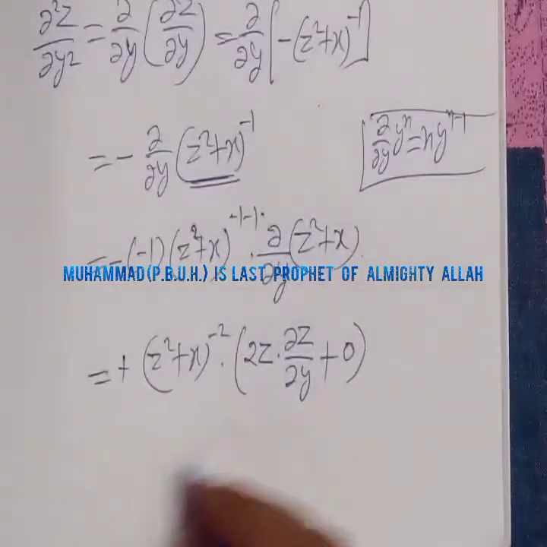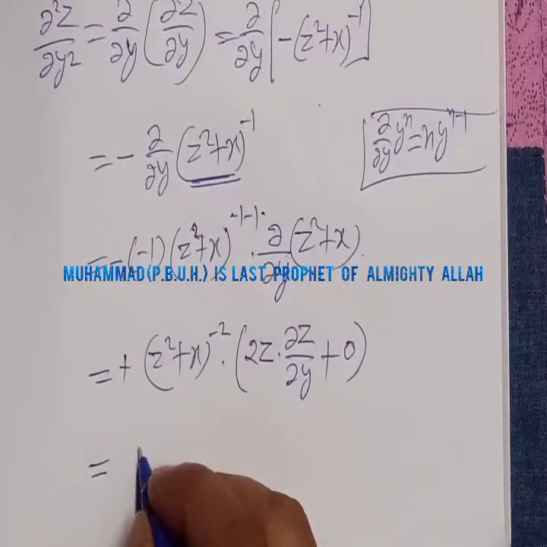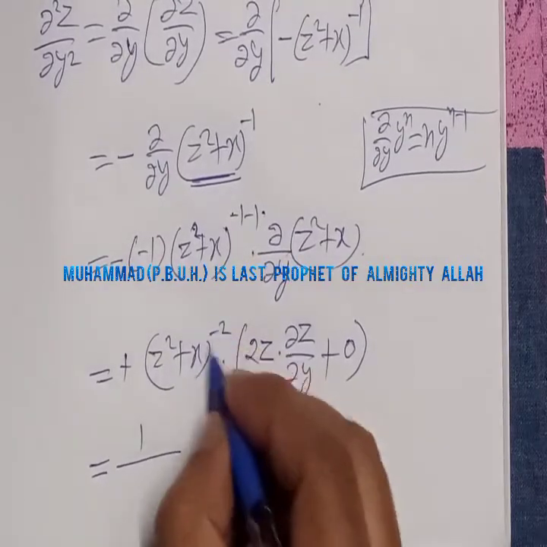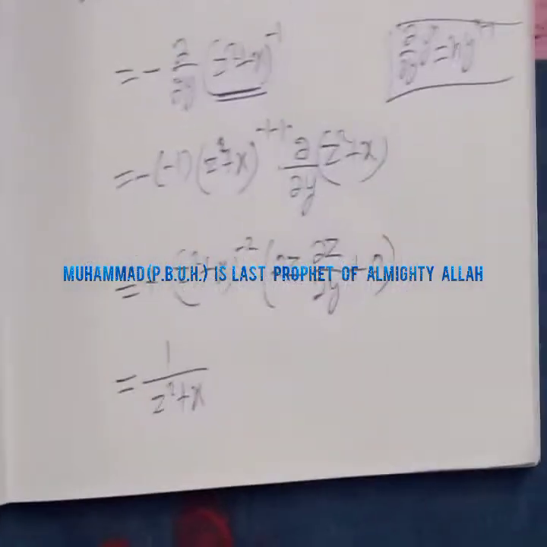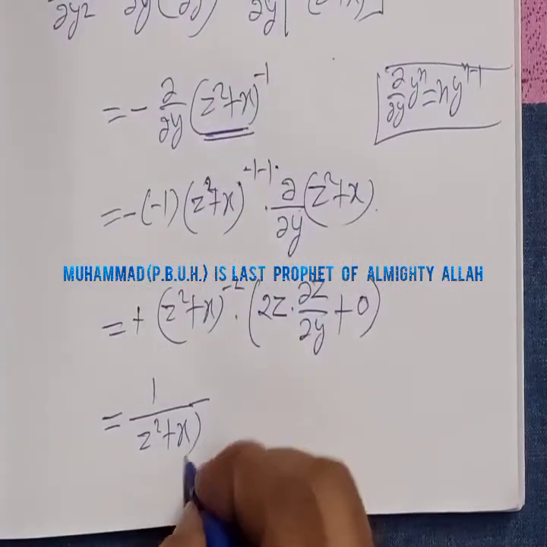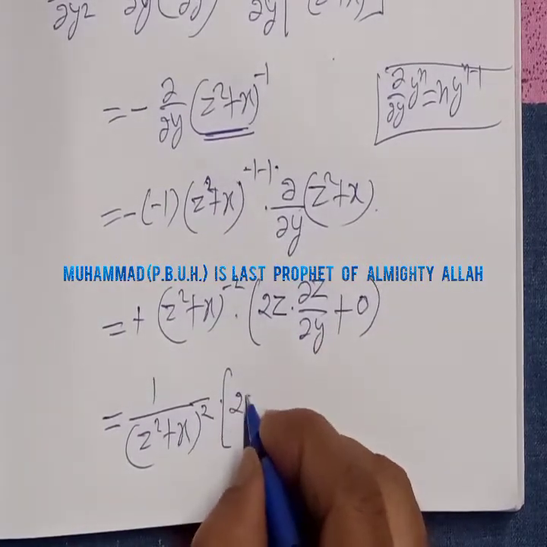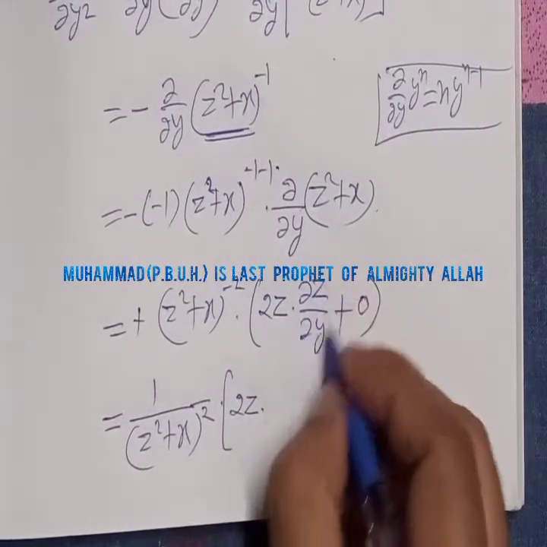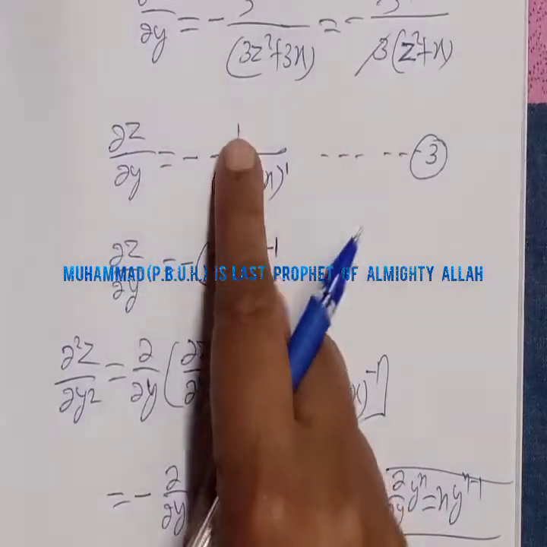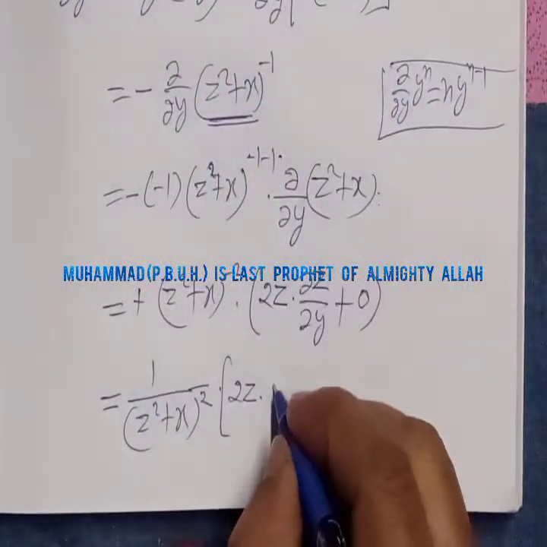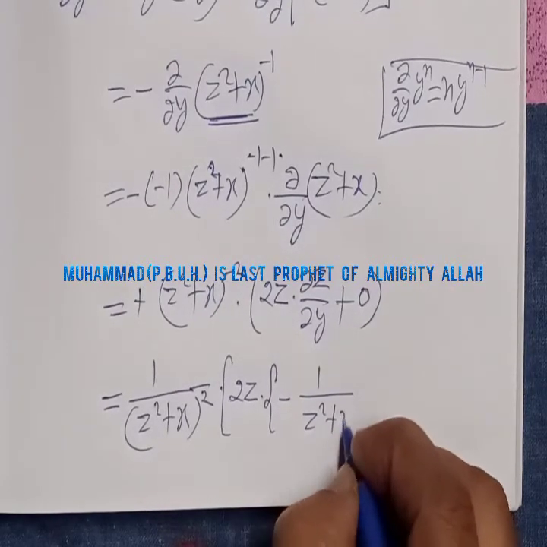For partial differentiation we can write it in the denominator, so the degree becomes positive, (z² plus x) whole power 2, and we should put the value of ∂z/∂y from equation 3. So I write this value, which is equal to minus 1 upon z² plus x.